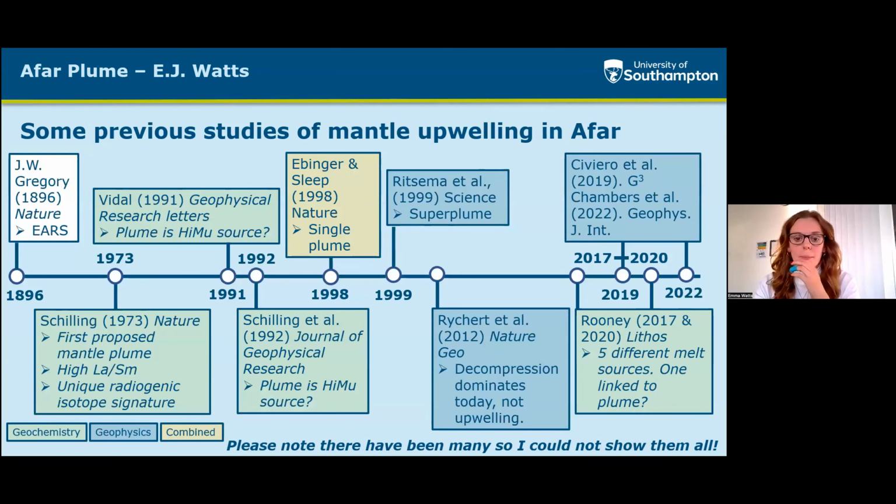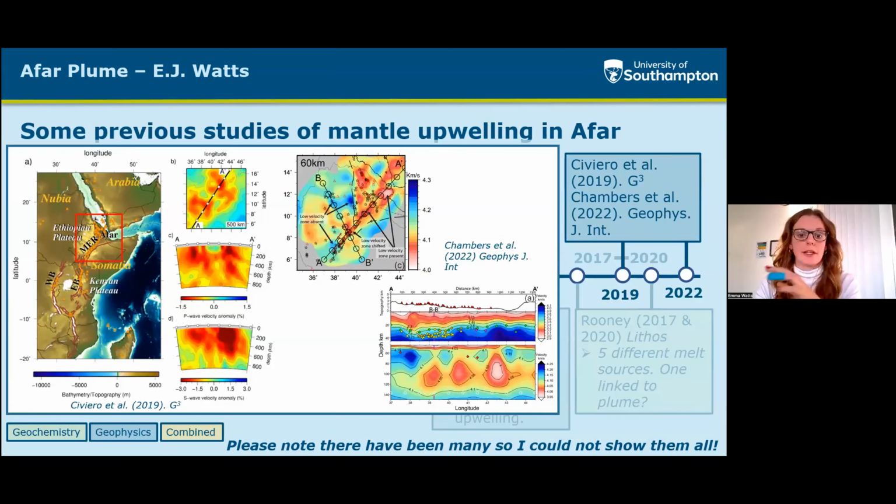Finally, we then had some geophysics papers in the last few years, and these have been really interesting, putting out a completely different side of things. Rather than a singular plume, maybe, as the resolution of these geophysical techniques has improved, there are actually some plumelets or smaller scale multiple plumes within the region.